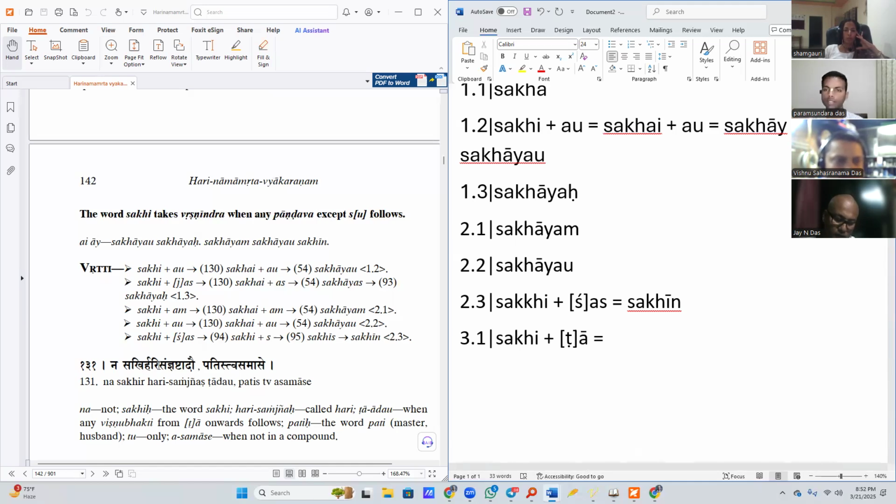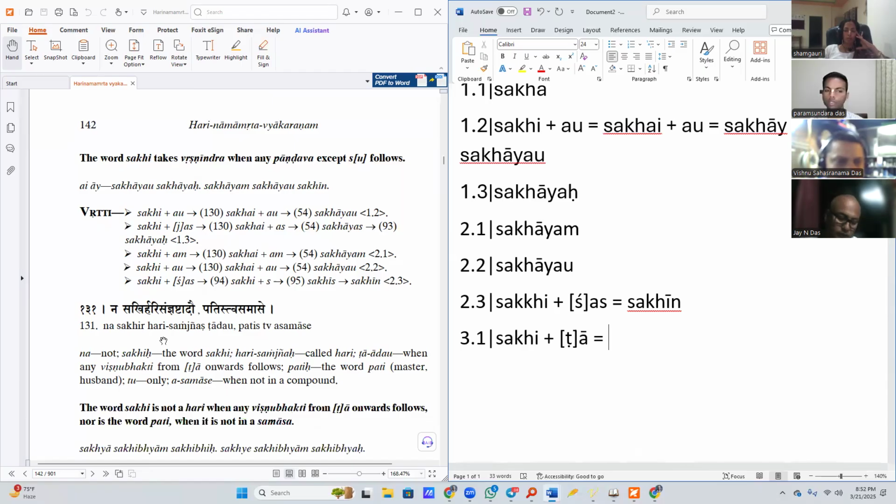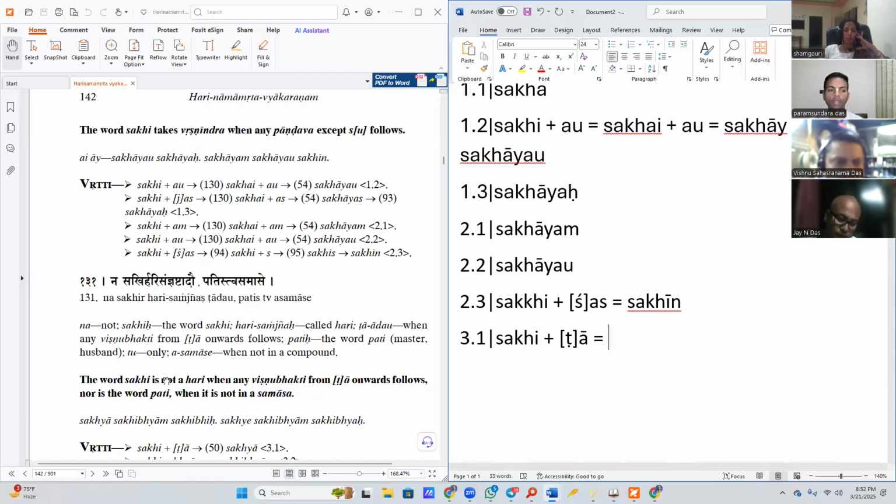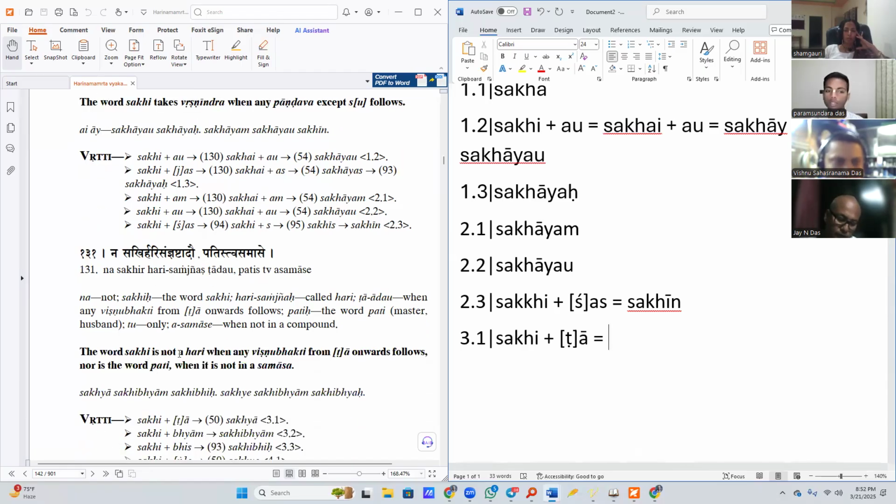But if we get an exceptional rule for some exceptional word, like we have an exception here, then we choose the exception. So na sakhir hari sangesh tadau patistva samase, which means the word Sakhi is not a Hari Shabda when any Vishnu Bhakti from Ta onwards follows. So now the sutra is simply asking us to discontinue believing Sakhi to be Hari Shabda from 3.1 onwards.